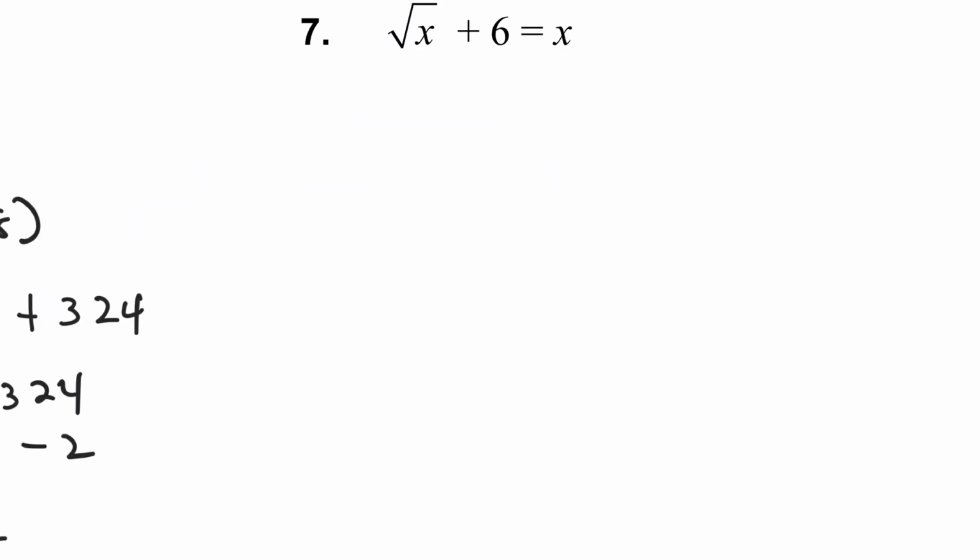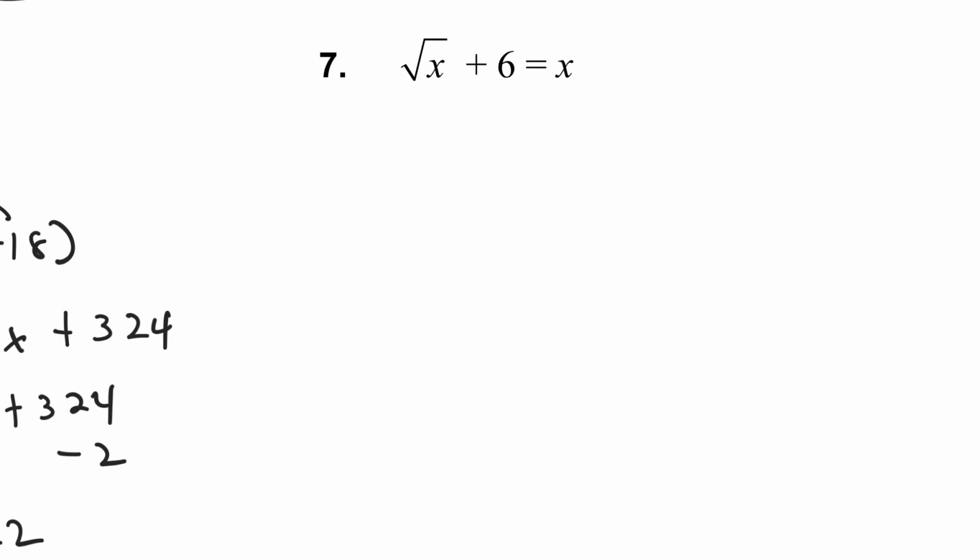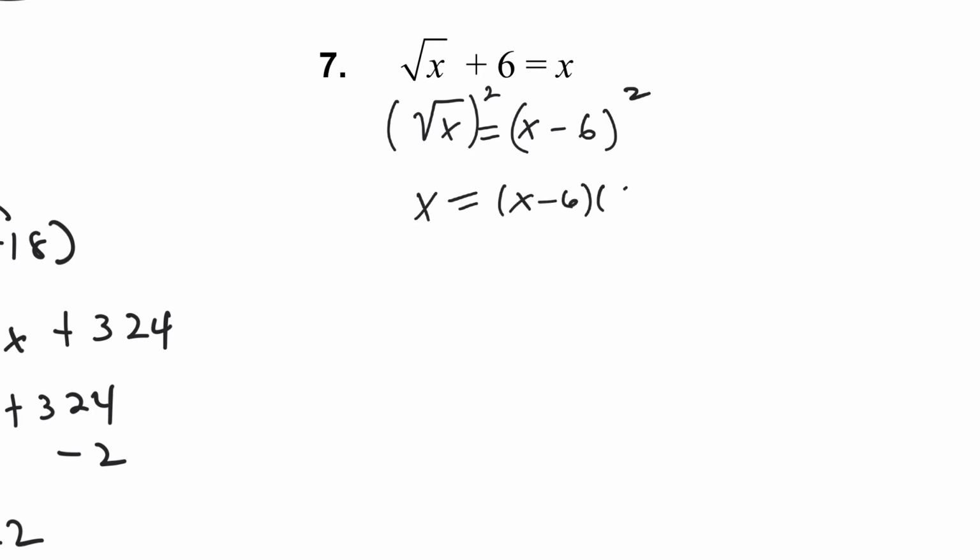Number 7, we have the square root of x plus 6 is equal to x. So we have square root of x equals x minus 6, parentheses squared. So we have x equals x minus 6 times x minus 6. So we have x equals x squared.